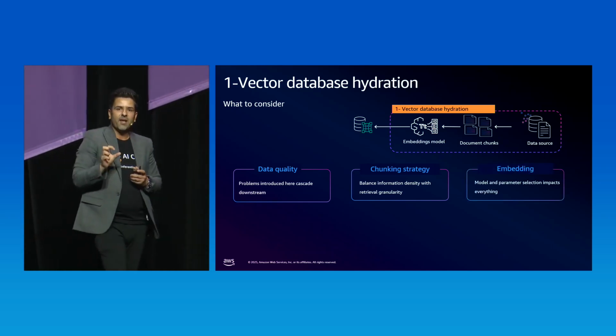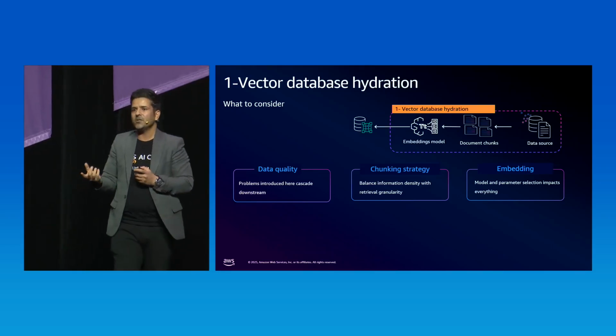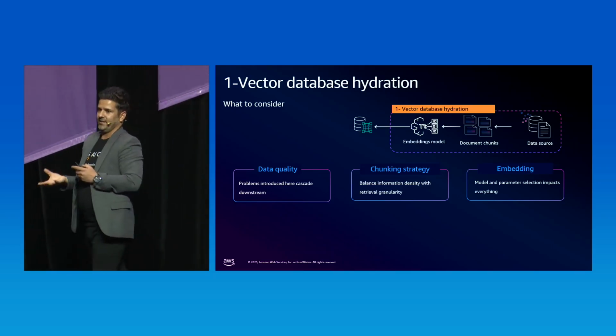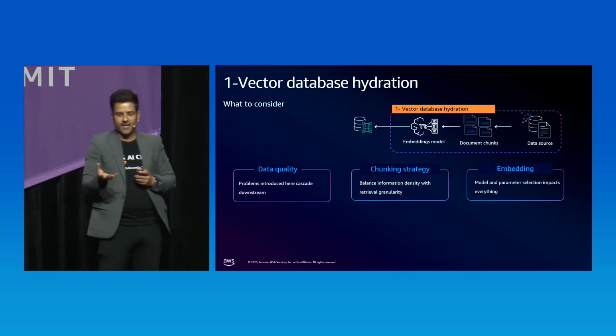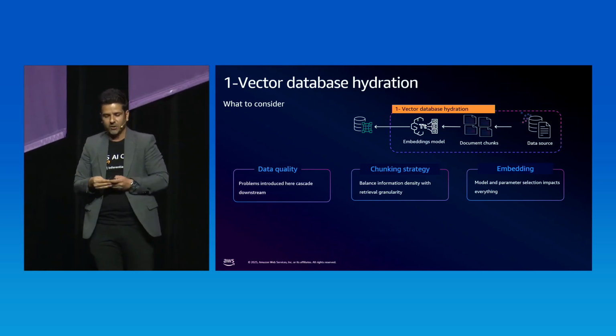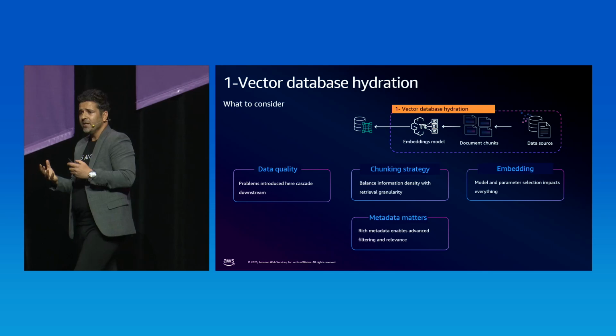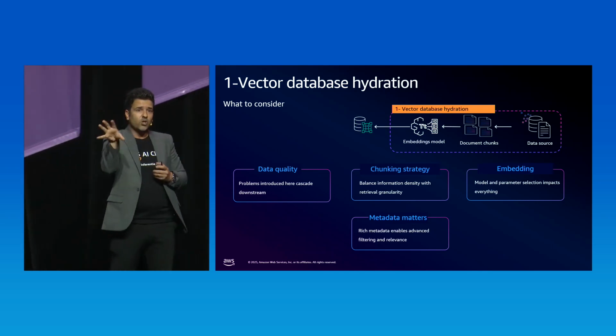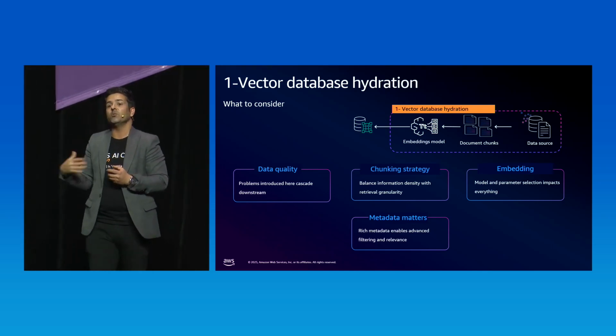Also, the embedding model, its configuration and parameters, impacts a lot the response that is generated by the LLM. And you need to make sure that you have proper fine-tuning for your embedding model. And also, metadata, if it is relevant to those chunks that you created, can help you improve the response of the whole RAG system.